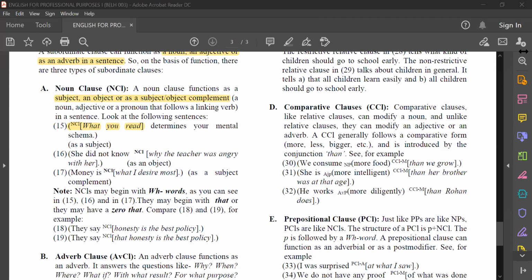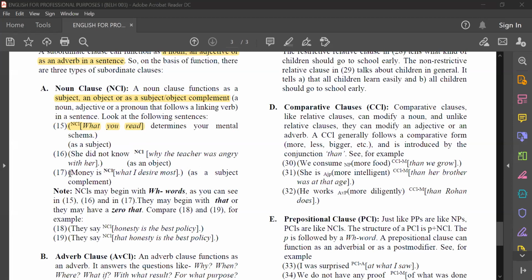Okay. So in sentence number 16, we can see how the noun clause is working as an object. Now in point number 17, we can see that the noun clause is basically complementing the subject.